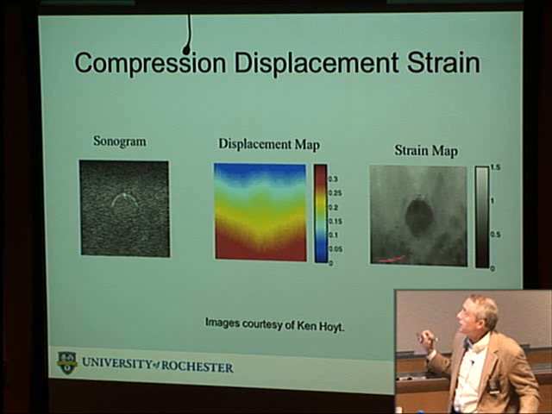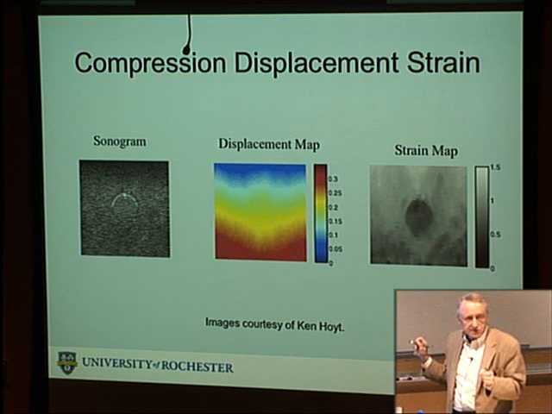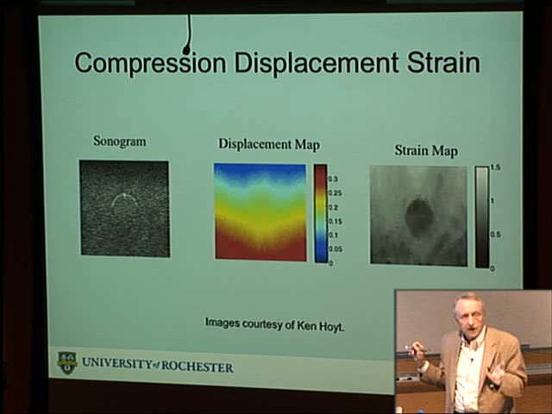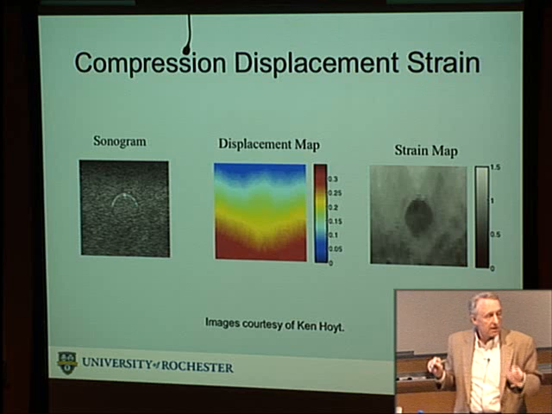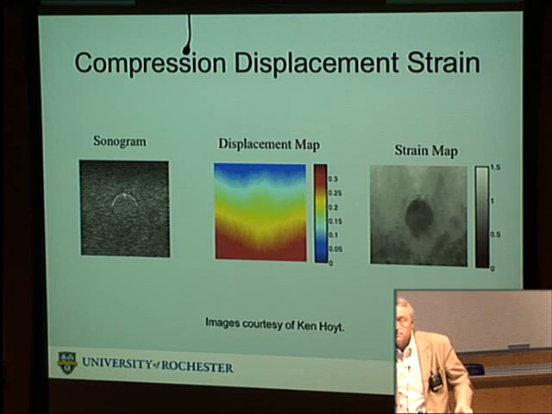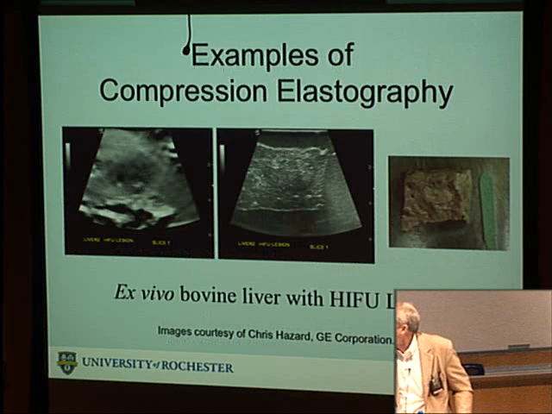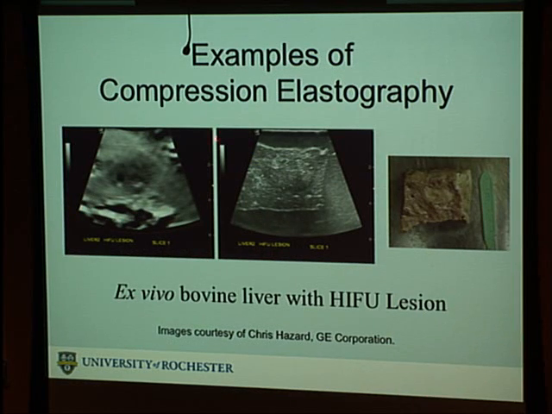So once again, whether it's the liver, well, liver's hard to do this on, but breast tissue, thyroid, prostate, you'll be looking for things like this, where you're looking for the dark region, and that means it's a hard lesion, basically. And this comes from GE, one of their earlier versions.